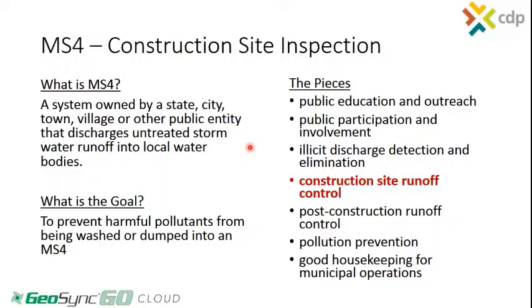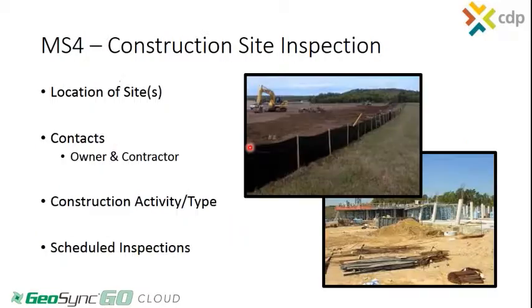Of course, then there's also post-construction. After the site's built, you want to prevent runoff after the fact, prevent further pollution, and then just do good housekeeping methods and best management practices. But again, today we want to look at the construction site portion of the MS4 system.